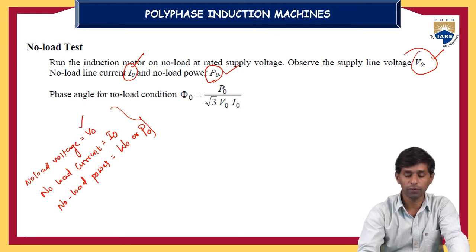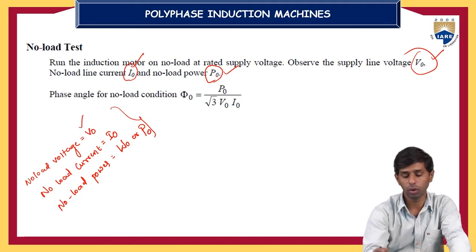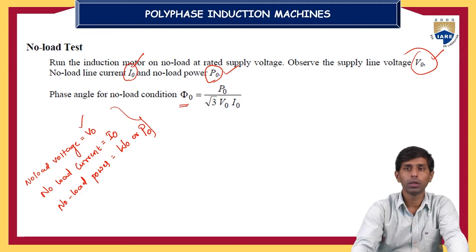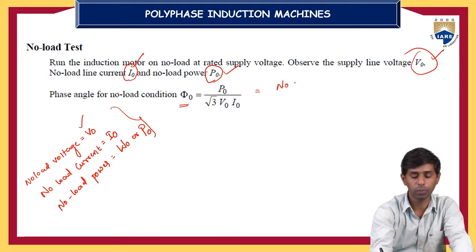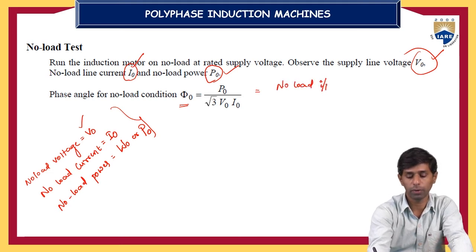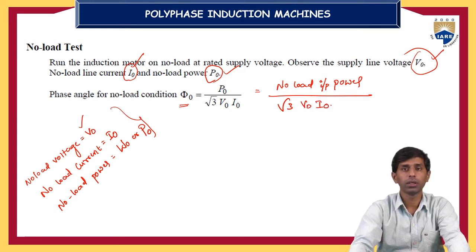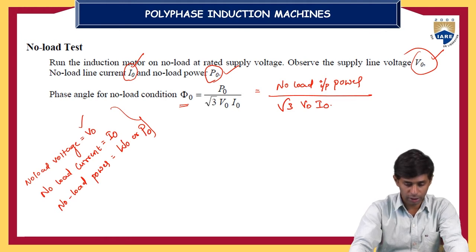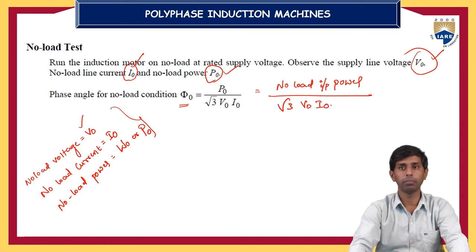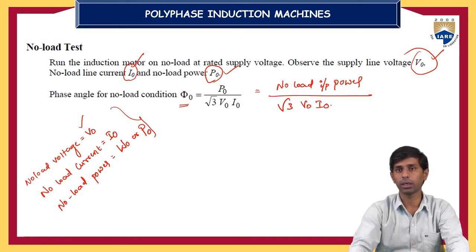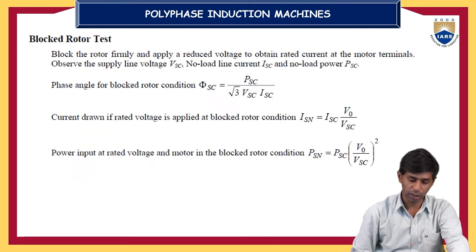From these values, you have to calculate the no load power angle, phi naught, which is equal to P0 divided by root 3 times V0 I0, that is, the no load input power divided by root 3 times the no load input voltage and the no load input current of the induction motor.